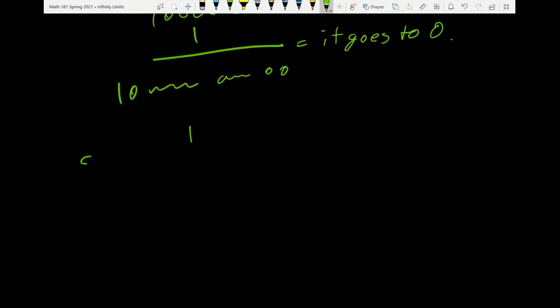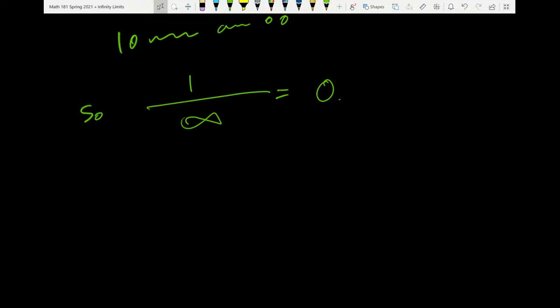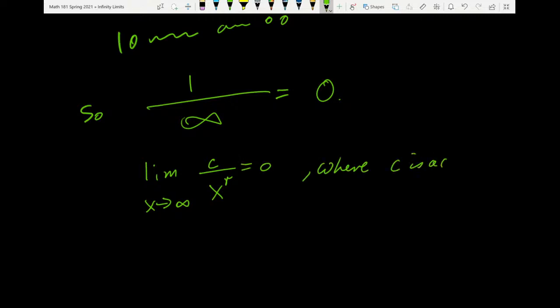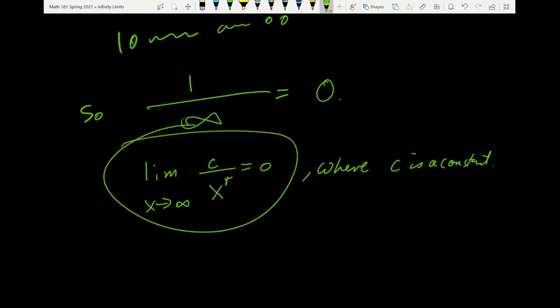So if I take 1 over infinity, it becomes 0. Another way of writing that would be limit as x goes to infinity of c over x to the r, it will become 0, where c is a constant. That's the theorem involving infinity.